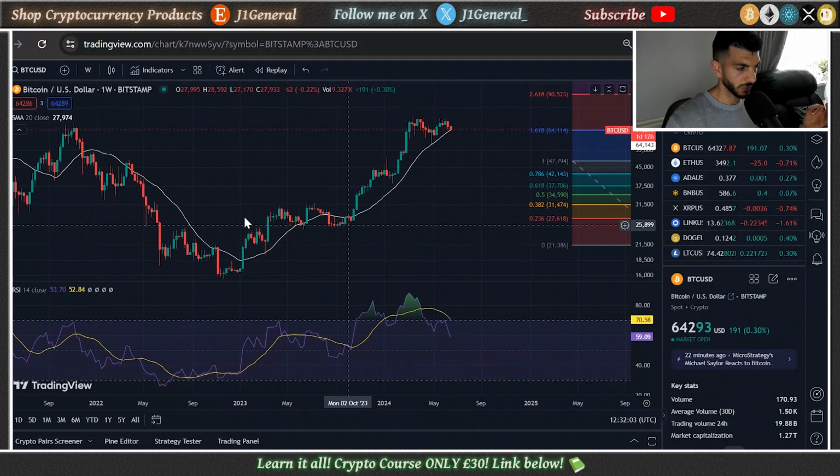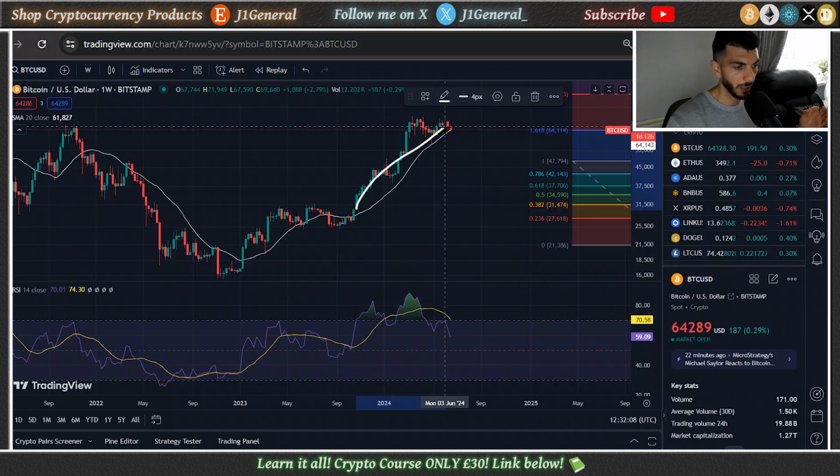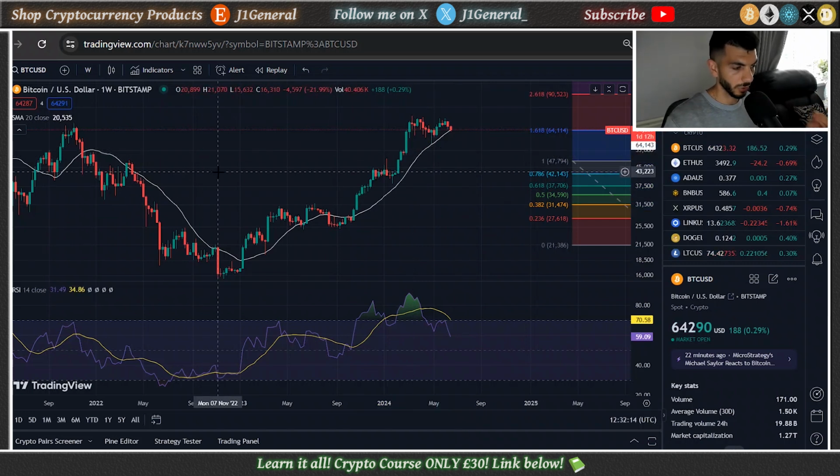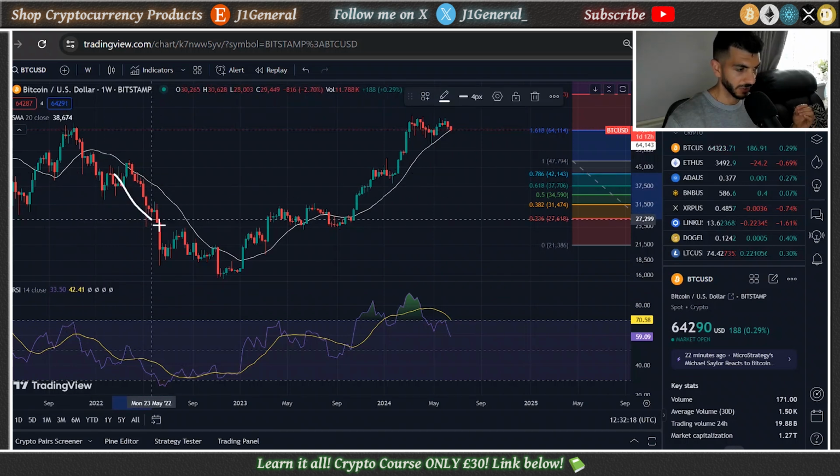For example, since October 2023, Bitcoin has been trending up because it has been holding key moving averages as support. Whereas on the converse, if Bitcoin is trending below moving averages, you can say that it's holding it as resistance, which coincides with the fact that Bitcoin is in a downtrend.